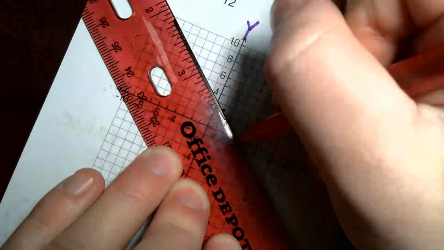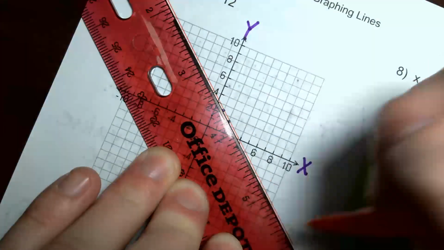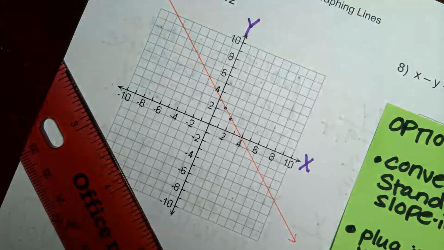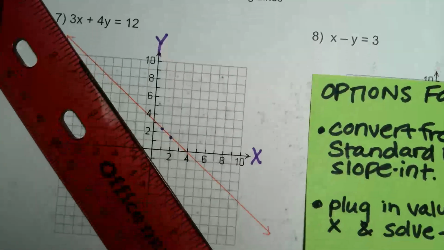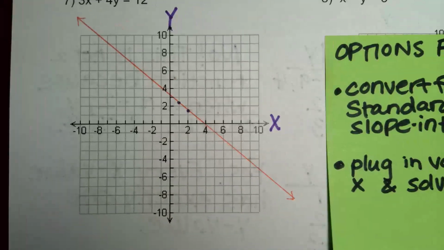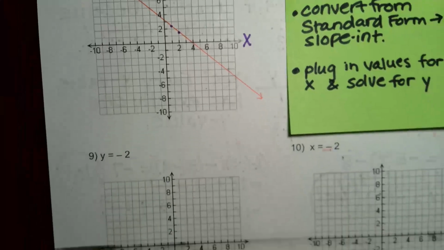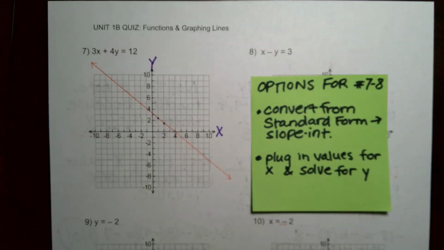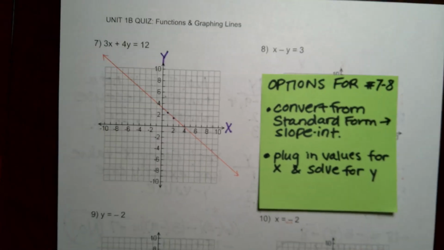And hopefully, it'll look about the same. If not, okay. So, there's that way. If you wanted to plug in the values and come up with coordinates, now that took a little while. That way takes longer.